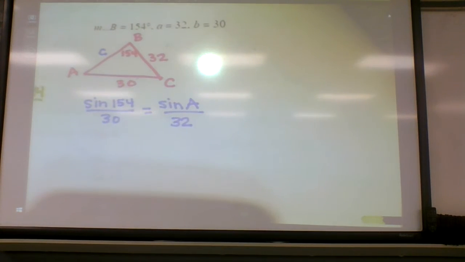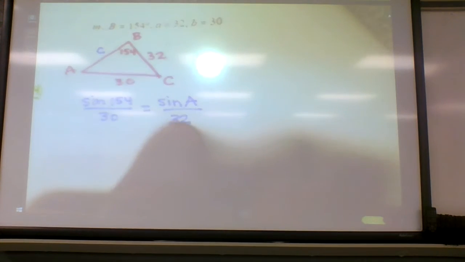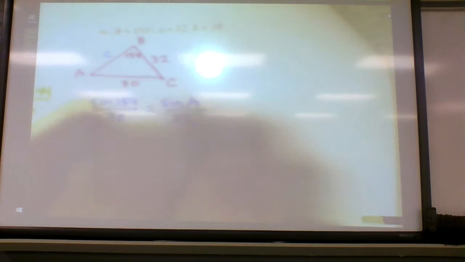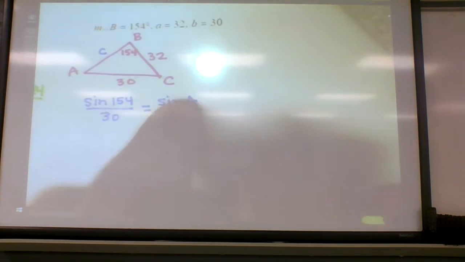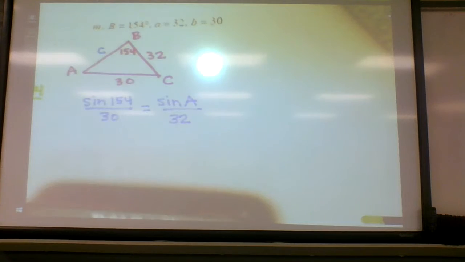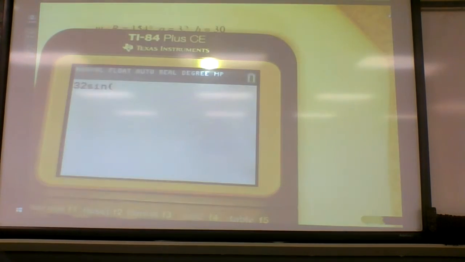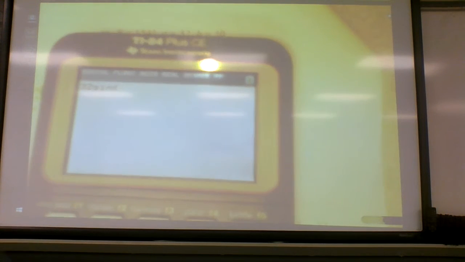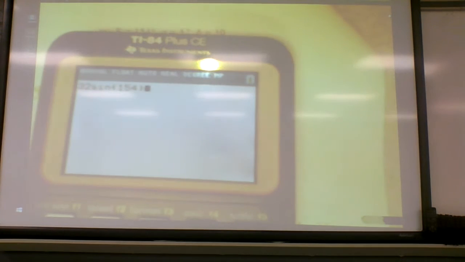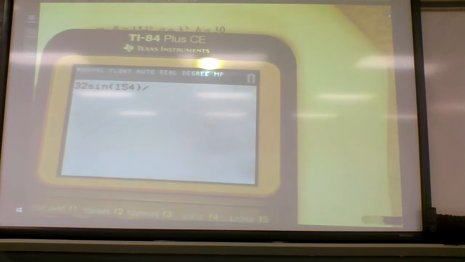And then we'll solve this just like the last one. So we're going to multiply the 32 over and get this number. And then we'll get rid of the sine by doing sine inverse. So we'll say 32 times the sine of 154, close that parenthesis, divided by 30.